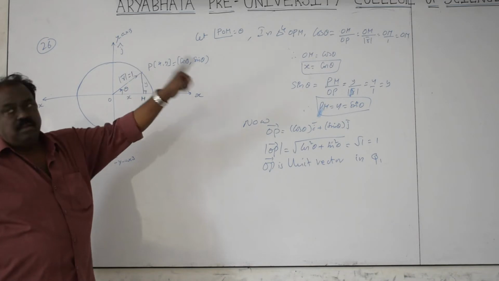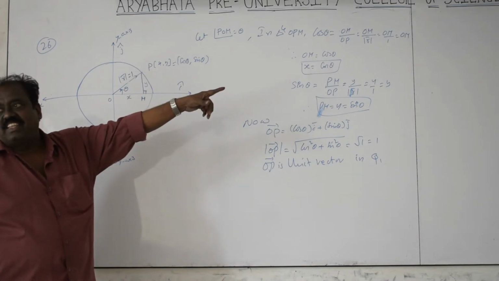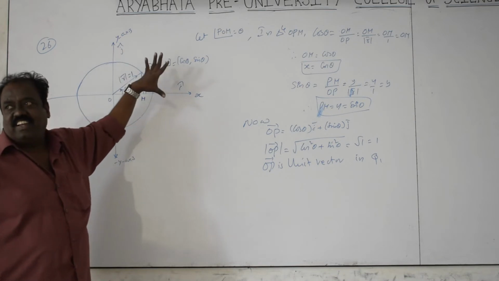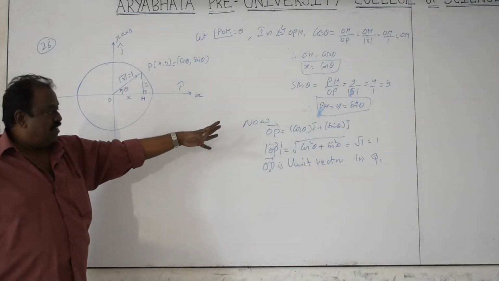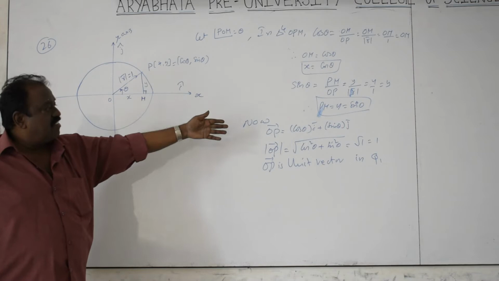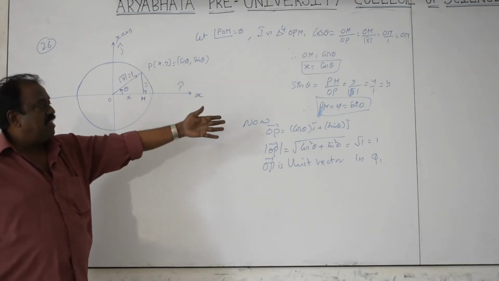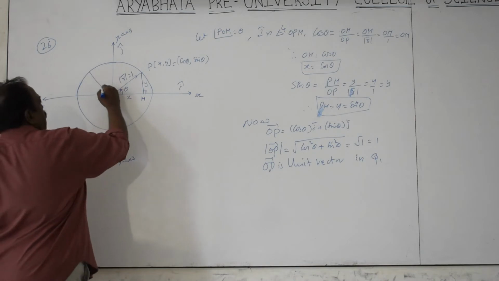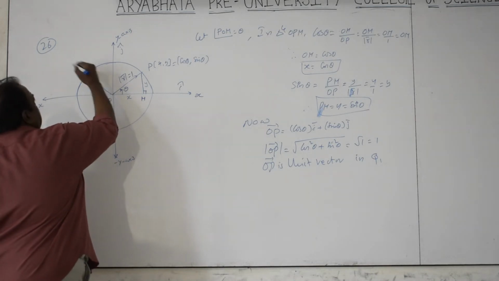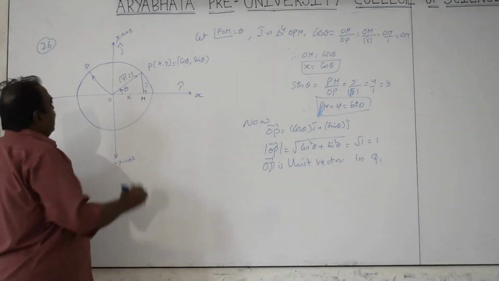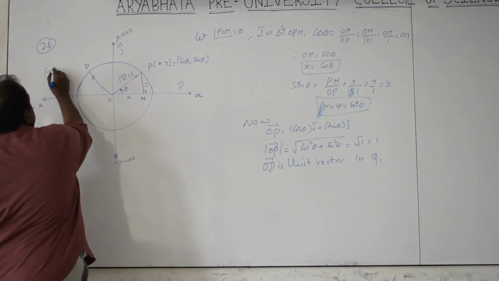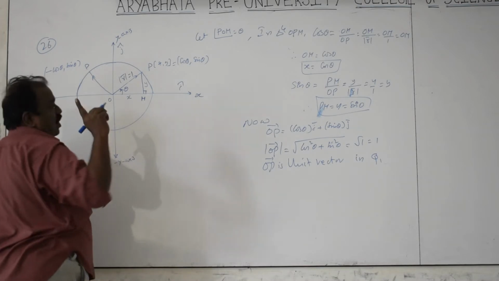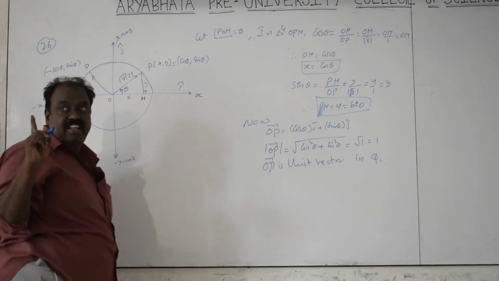Write all unit vectors. So this is the first unit vector: cos theta I cap plus sin theta j cap. Suppose OP is here, then it is minus cos theta, sin theta. Agree? Why?